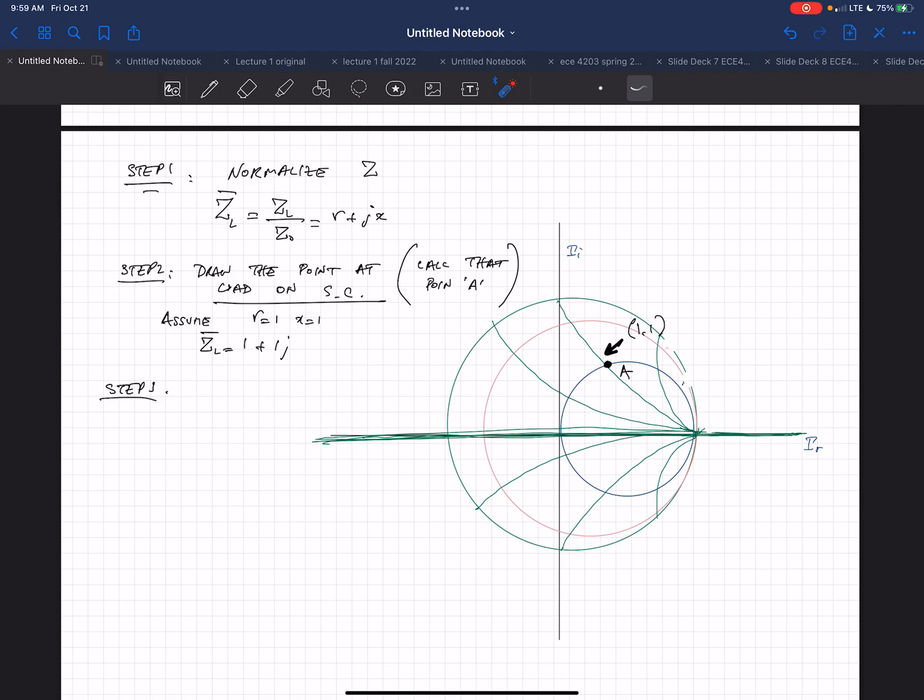So basically, if I draw this point A, it's going to have an amplitude and a phase. So this is phi sub L.